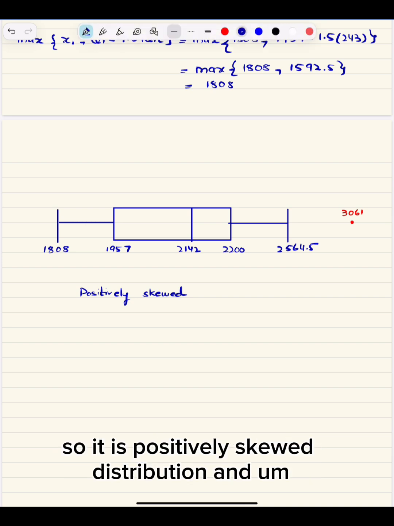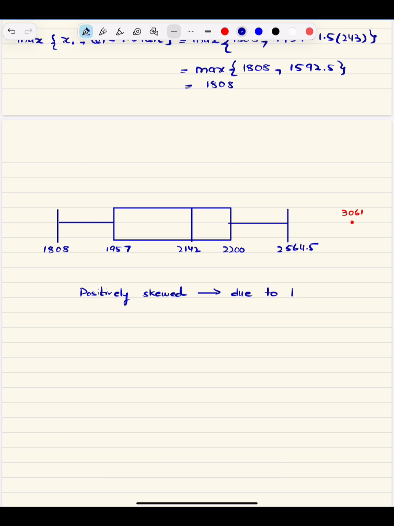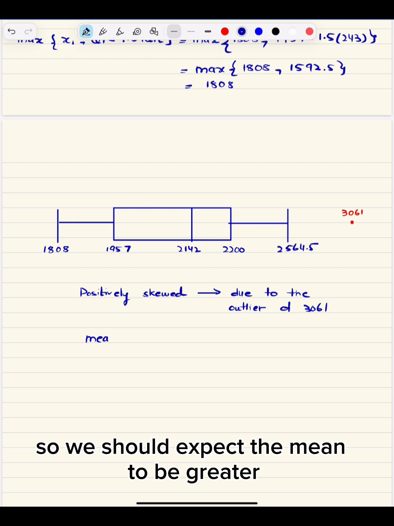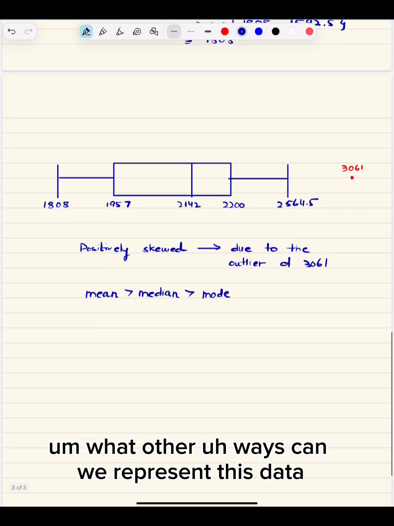So it is a positively skewed distribution, due to the outlier of 3061. So we should expect the mean to be greater than the median, and the median to be greater than the mode. What other ways can we represent this data?